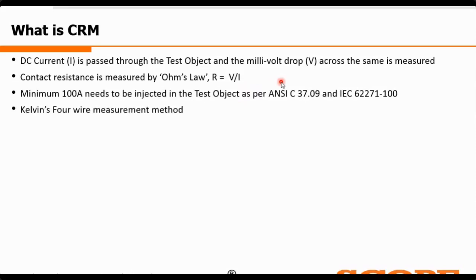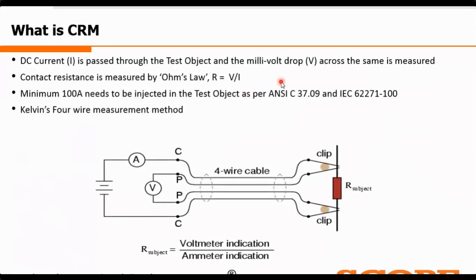And with the help of Kelvin's 4-wire measurement method, we calculate the resistance. As we all know, the 4-wire resistance method is a very accurate method, unlike the 2-wire method. And here we are also minimizing the lead resistance with the help of the 4-wire measurement method.